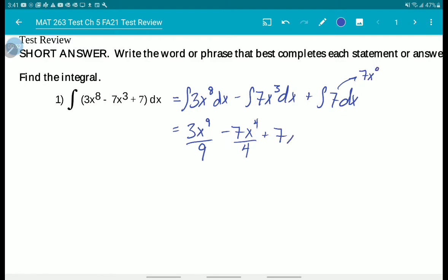So when we add 1 to the exponent, we now have an x to the first, divided by 1, and then plus c. And then you always want to simplify your answer. 3 over 9 reduces to 1/3. So we have 1/3 x to the 9th minus 7/4 x to the 4th plus 7x plus c. So there is our final answer.